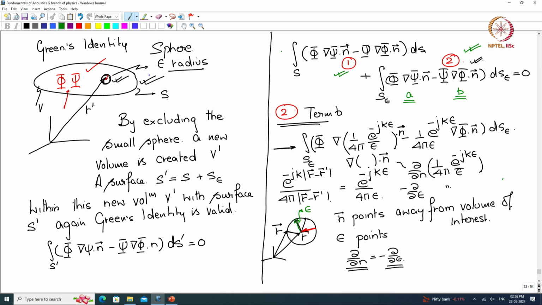This surface integral is over the outer surface, whereas this is over the surface around the singularity with the radius of epsilon, in the limit epsilon going to 0. And we were looking at this term. So this is the total term 2 here. This is term A within that and this is term B within that.